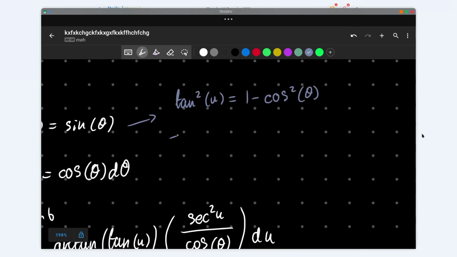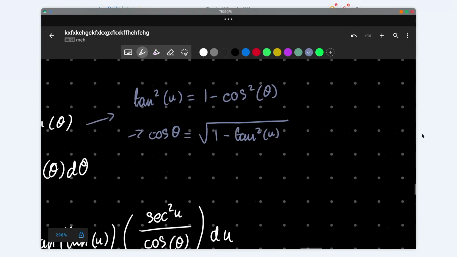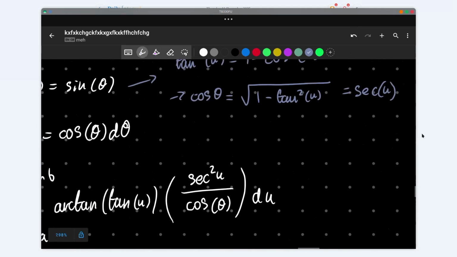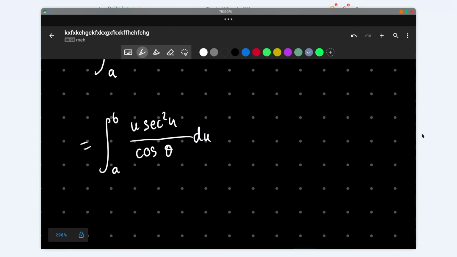This feels wrong to write for some reason. So then we're left with cos theta equal to the square root of 1 minus tan squared u, which is equal to sec u. I feel like that just makes sense, but I don't know why I didn't really think of that.